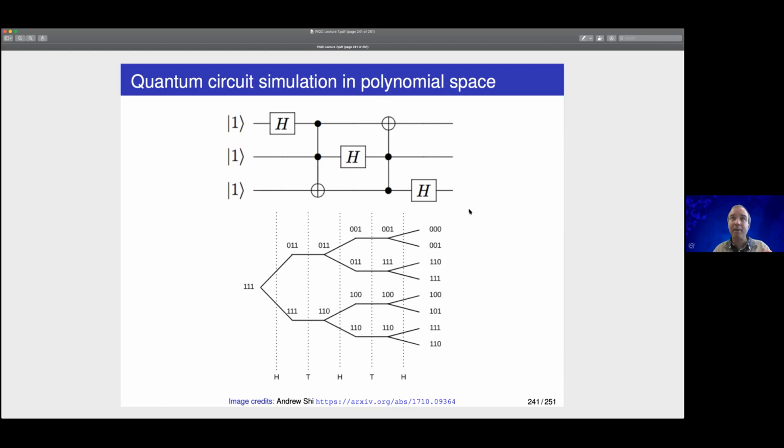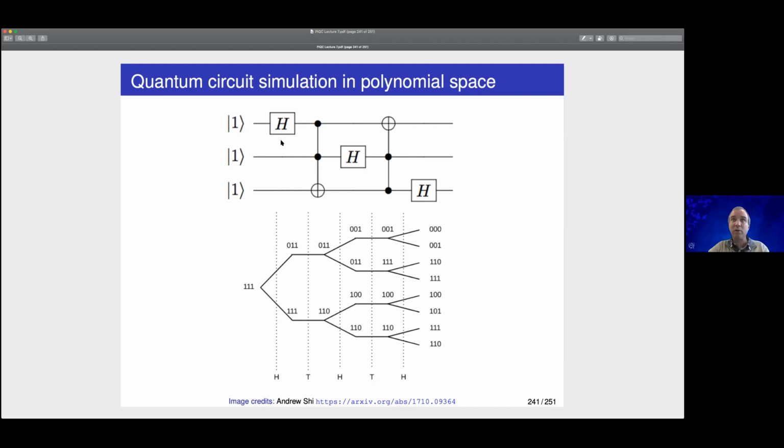So what IBM proposed was to have a lot of hard disks and work directly with the state vector, because the algorithm that Google used to estimate these 10,000 years is what is called a simulation of the circuits in polynomial space. So you don't need to have all the amplitudes at the same time, but you need to do much more operations, because what you do is basically to consider that there are some gates that provoke a bifurcation in the tree of computations.